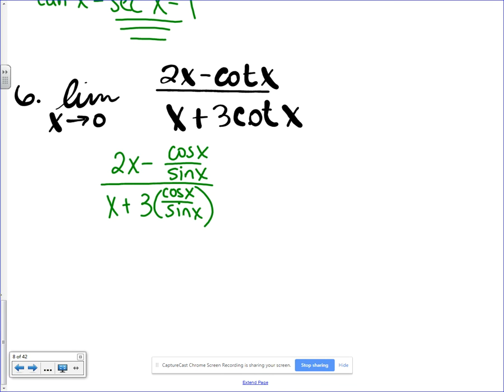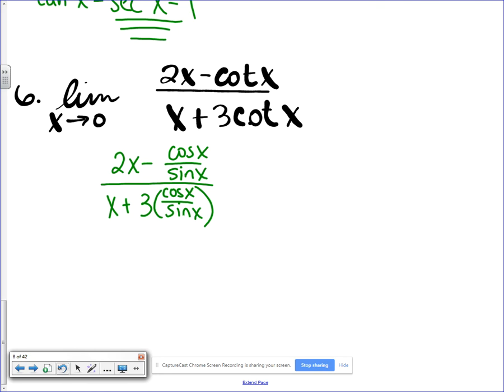Can I reduce out the cos over sine and the cos over sine? Can I cancel it out like this? No, because these are being added and subtracted. The only time you can cancel things out is when you have multiplication.